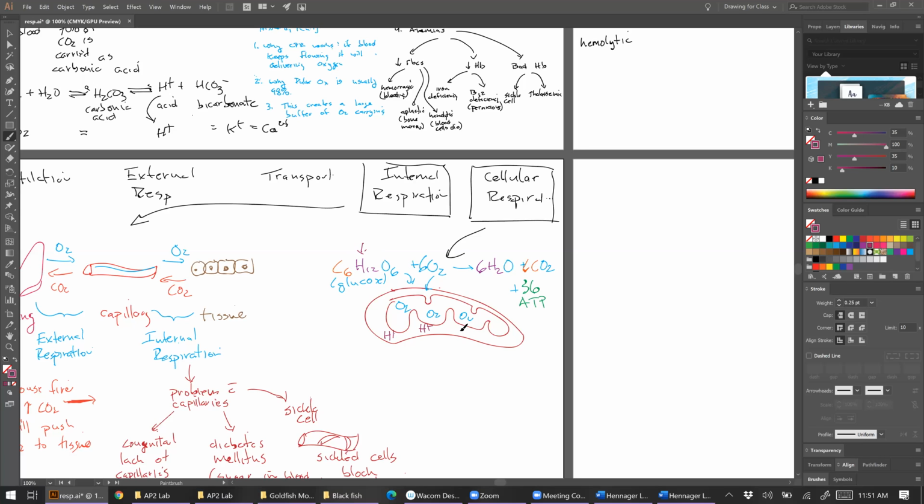You're going to put them on the outside of the mitochondria. But then what you're going to do is you're going to let the hydrogen combine with the oxygen. You're going to make ATP. You're going to take those oxygens and turn them into water. And you're going to take some of them and attach them to the original carbon from the glucose and breathe it out as CO2.